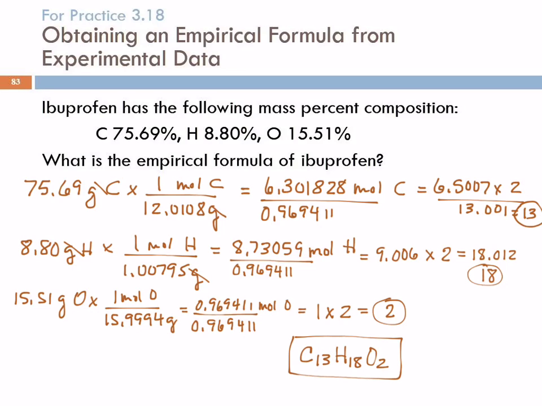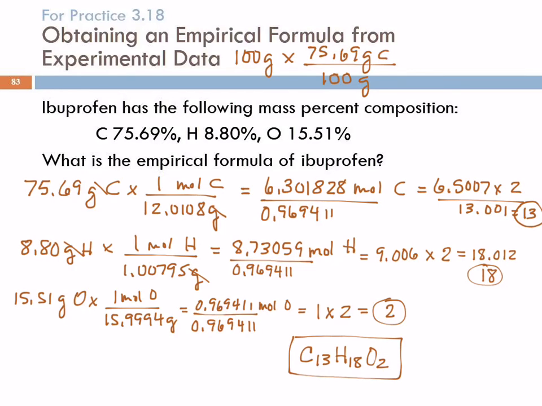Any other questions? Yeah, when you're given a question like this, the mass percent, you can just put grams. It seems a little flippant, doesn't it? It's like, what's the reasoning behind that? Well, let's say we had a 100-gram sample. So if we had 100 grams of the ibuprofen and we multiplied, that means there's 75.69 grams of carbon per 100 grams of ibuprofen, right?